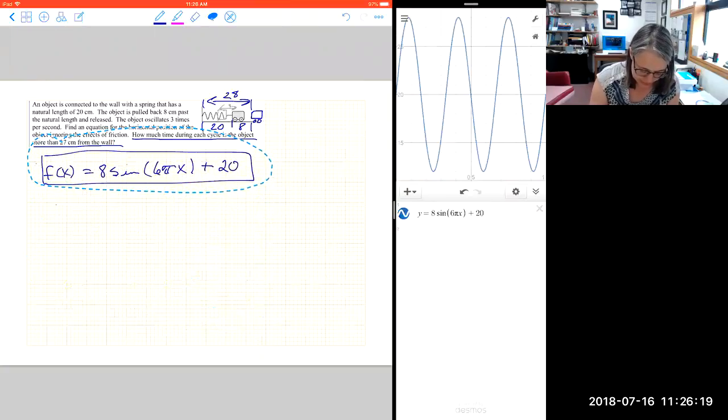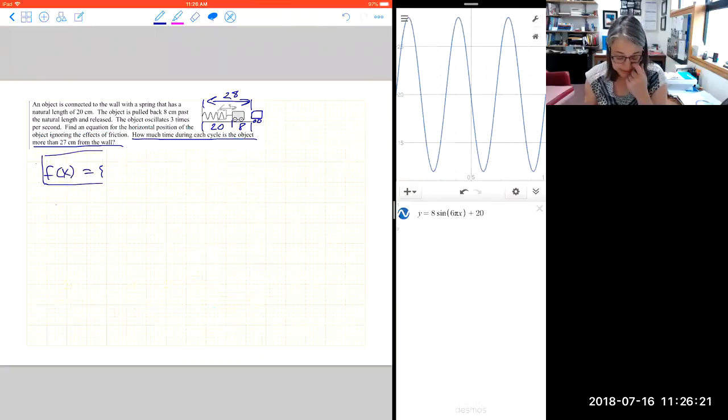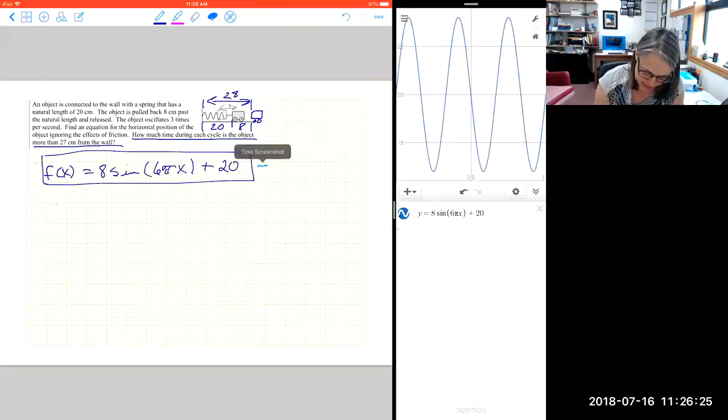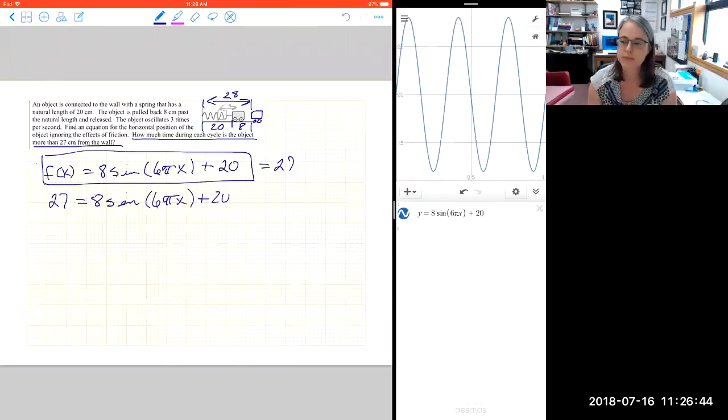Okay, here we go. So what I said is, I want to know where this function actually equals 27. So I'm going to find the first 2 positive solutions to the equation 27 equals 8 times the sine of 6 pi x plus 20.